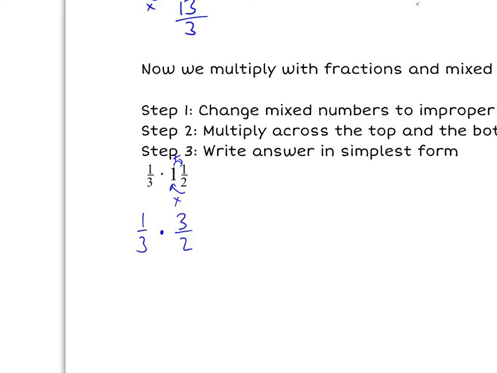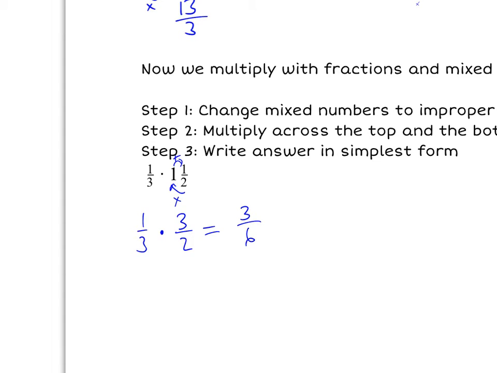Okay, so we have two fractions. One is a regular fraction. One is an improper fraction. 1/3 times 3/2. Step 2 is just multiply across the top and multiply across the bottom. So 1 times 3 is 3. 3 times 2 is 6. Then step 3 says write your answer in simplest form.